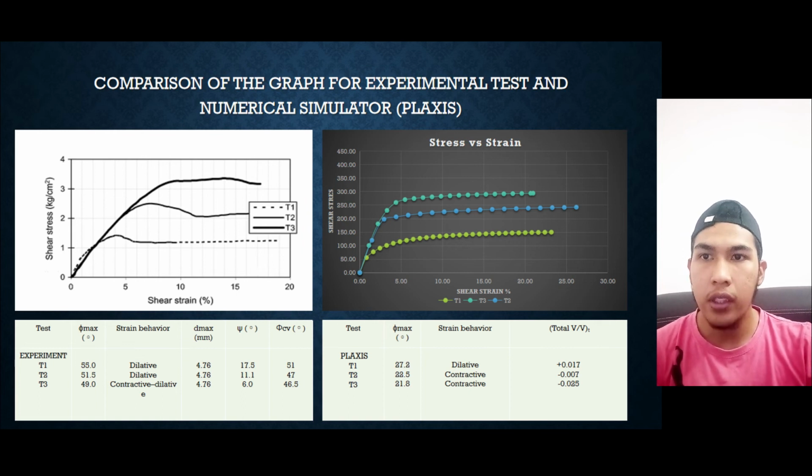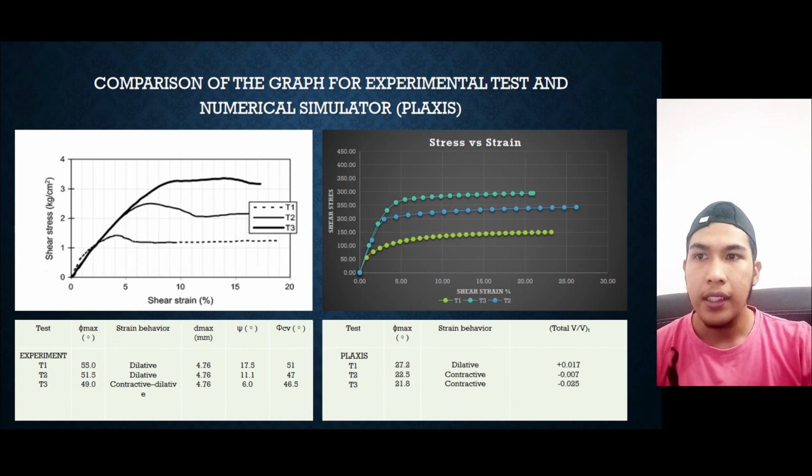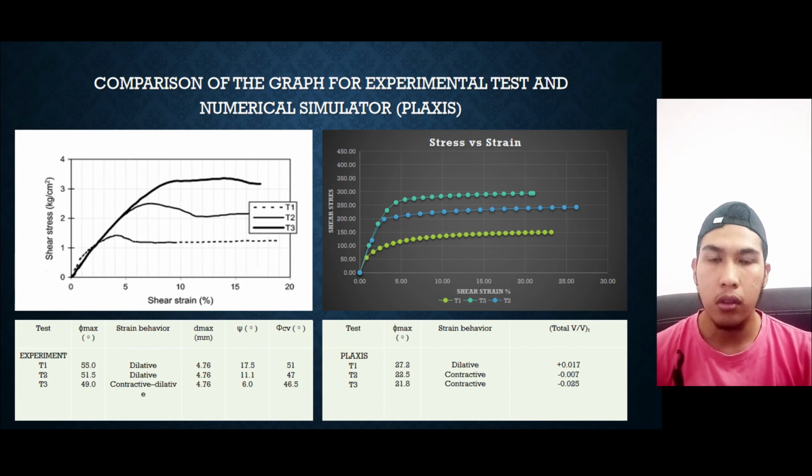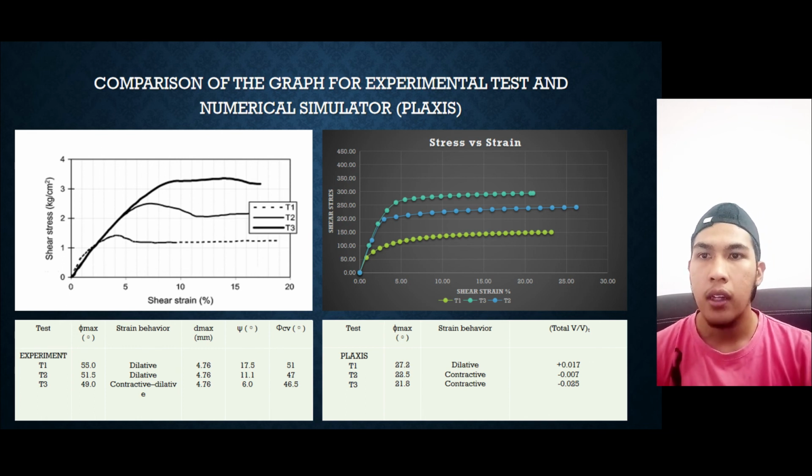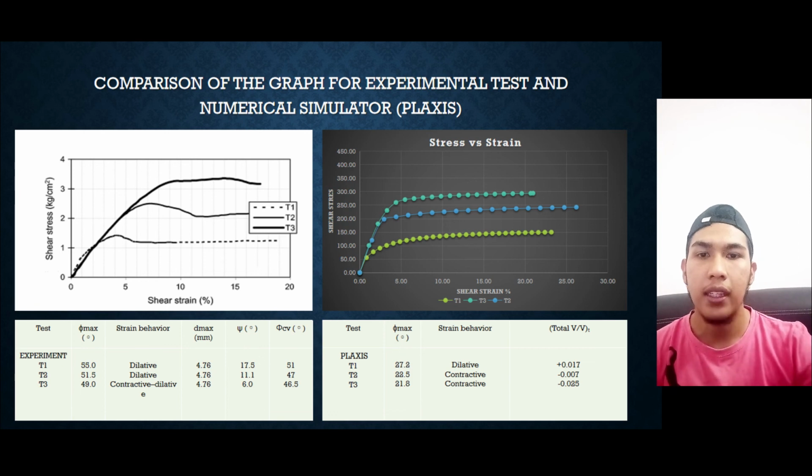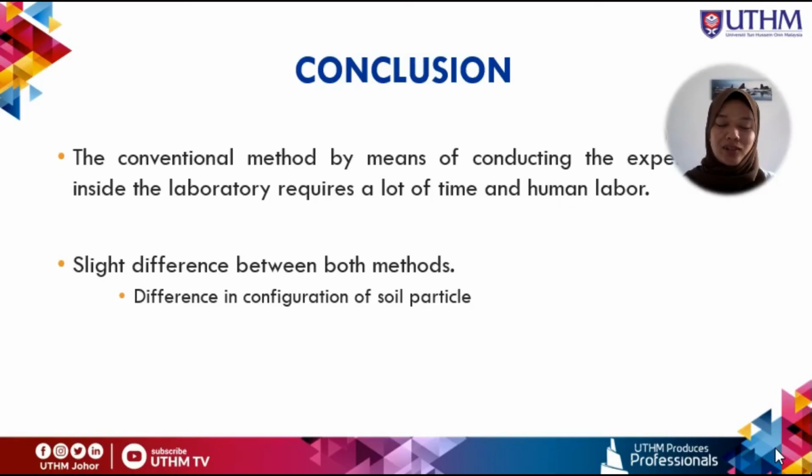In test 3, for the vertical stress equal to 294.3 kilopascal, the lowest sample dilation was observed. What we can conclude from this result is that with higher vertical stress, the maximum shear stress also shows an increasing trend.